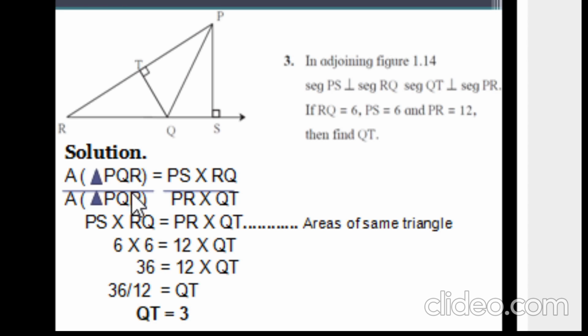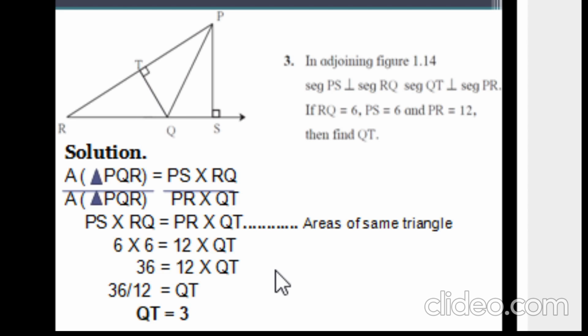Now since the area of PQR is equal, PS into RQ is equal to PR into QT. This is one triangle, but we are considering its area in two different ways. So put values: 6 into 6, 12 into QT. 6 6s are 36, 36 by 12 is equal to 3. So you get the value of QT is equal to 3.